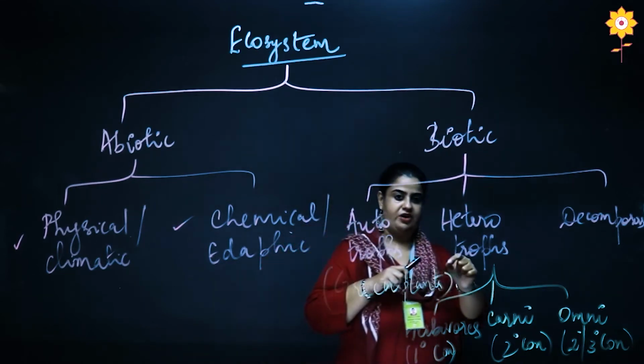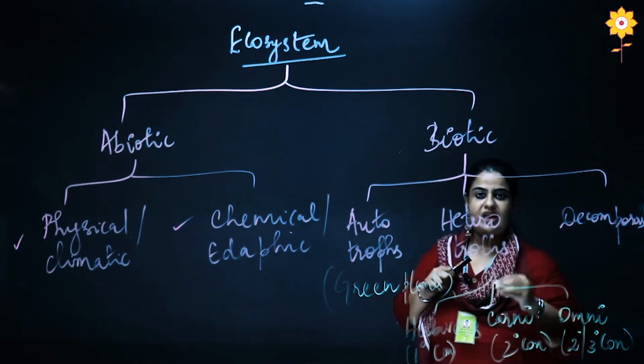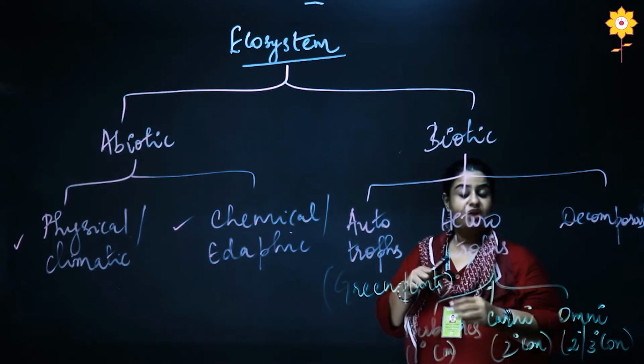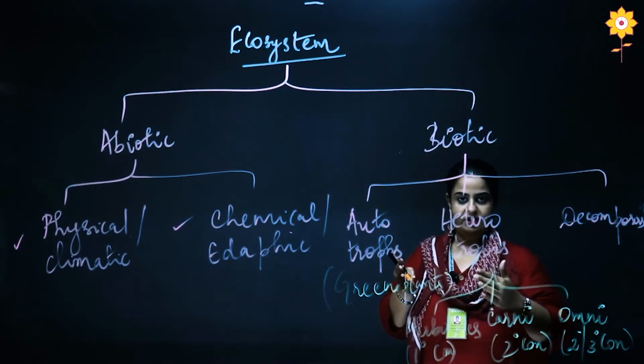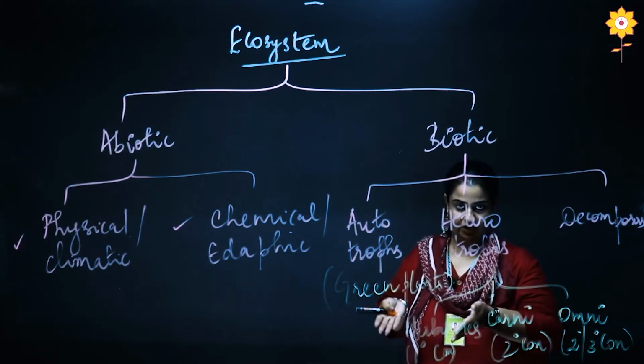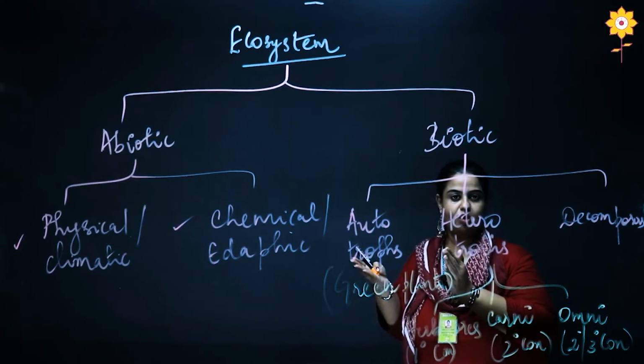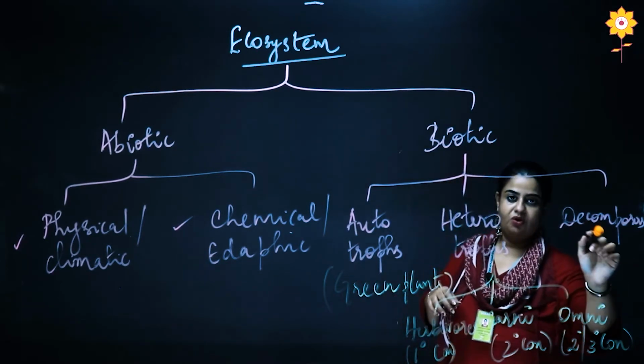Decomposers are those organisms that break down the dead parts of plants or animals in the soil. Now, when they break them down, they provide nutrients back to the soil. And these nutrients are again reabsorbed by the plants. Now that is the role of decomposers.